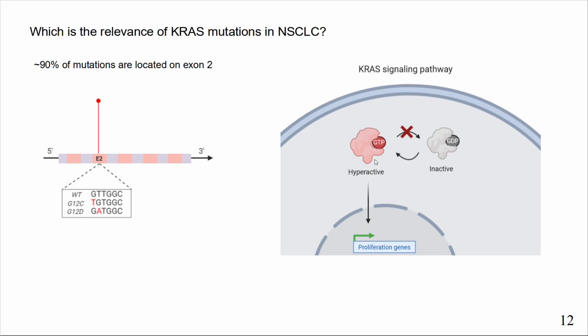So now the KRAS mutant protein is able to transduce proliferation signals to the nucleus, in order to activate proliferation genes, and this eventually is able to initiate tumor development. For this reason, these mutations are called driver mutations, because this mutation on KRAS alone is enough to initiate tumor development.